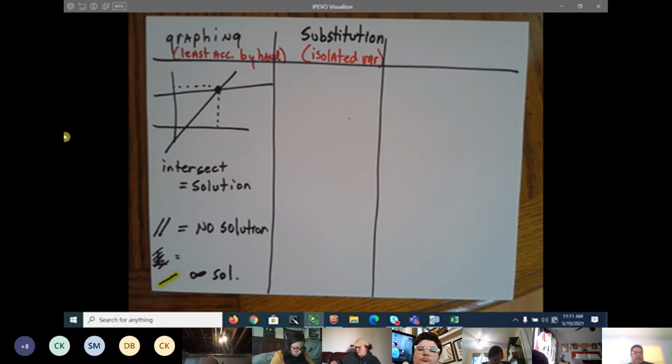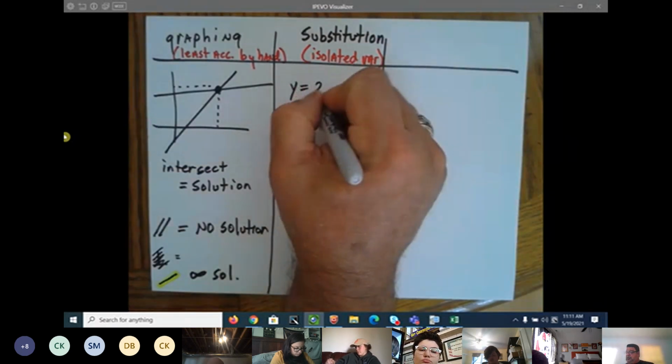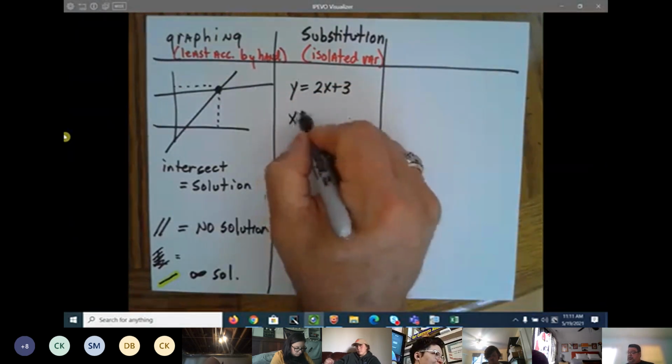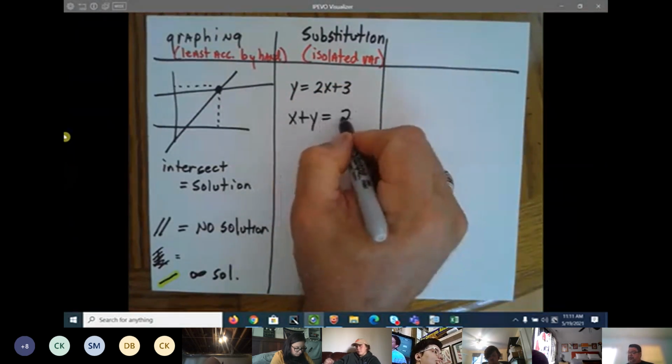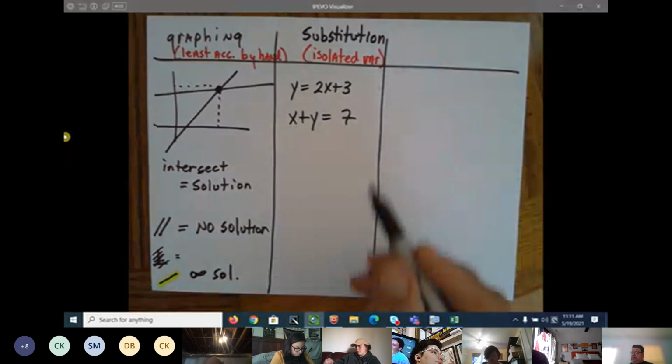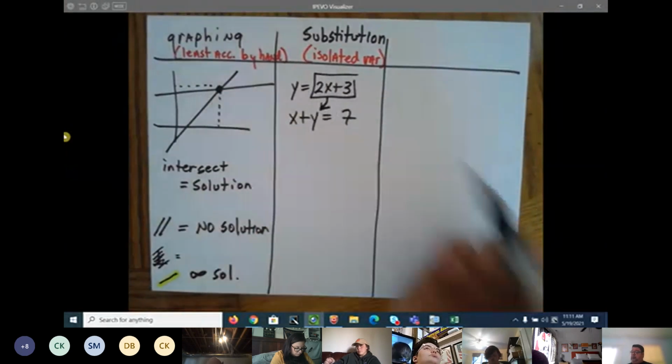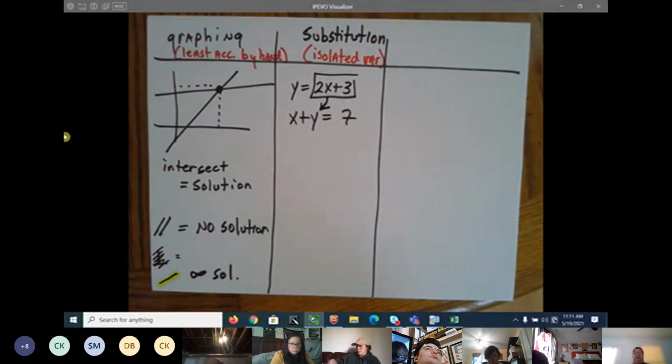So I'm just going to do an example. y is equal to 2x plus 3. x plus y is equal to 7. I'm going to take that 2x plus 3 and put it in for y.